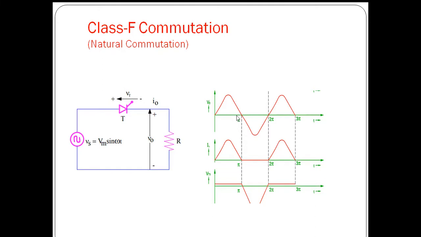At instant pi, the supply will be subjected to natural 0. As supply will be subjected to natural 0 and SCR is energized from AC source, the SCR will be subjected to reverse bias.